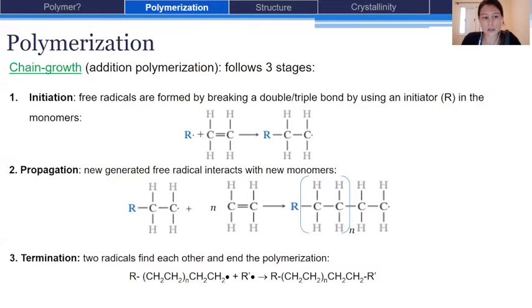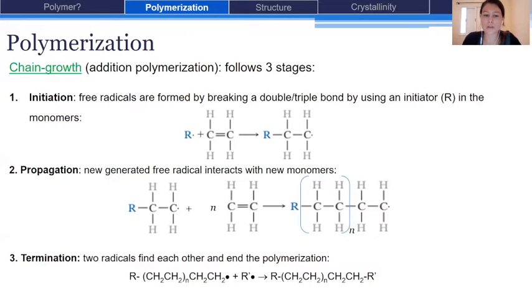Once we have the initiator that reacted with the first monomer, we go through the propagation stage. So here in the propagation stage, we have newly generated free radicals that interact with new monomers. The radical that is formed will react with another monomer. This other monomer will bear a radical, which will react with another monomer, and so on.